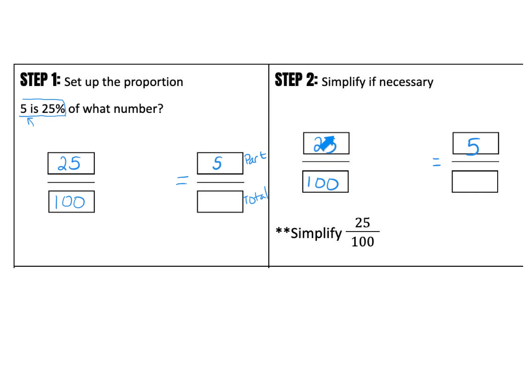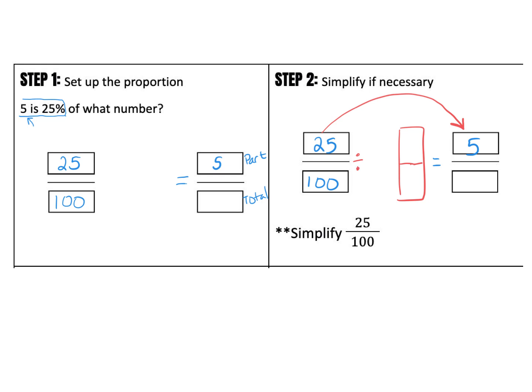I could also just jump right from 25 to 5 using a big 1. And what operation would get me from 25 to 5 using that big 1? I hope you said it would be division.